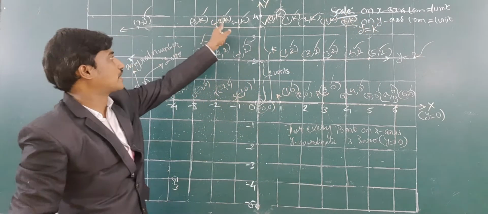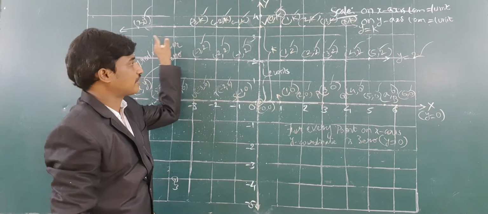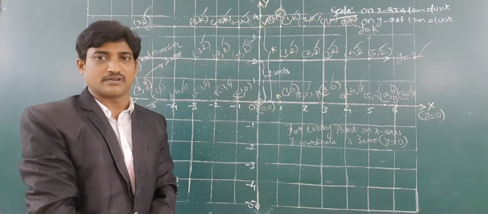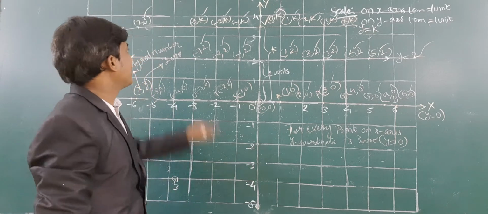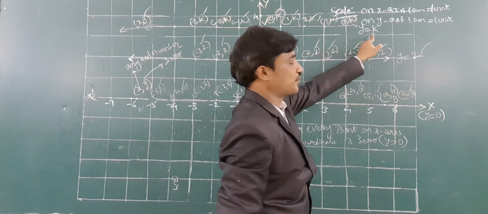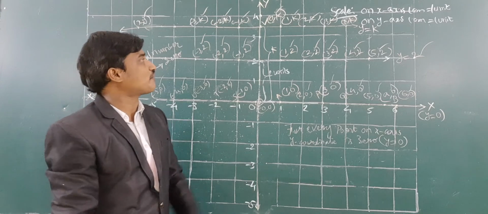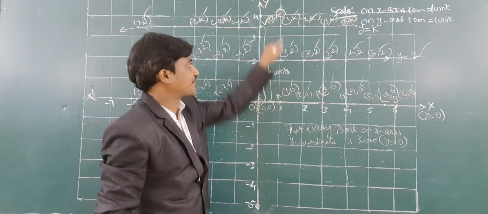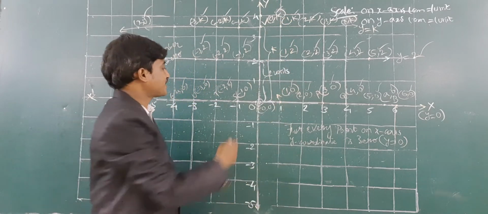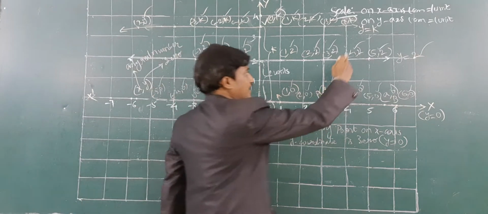This y = k, the y-coordinate is k, is the rule for every point on this line, so we can write the equation of this line as y = k. The equation of a line parallel to the x-axis, which is at a distance of k units from the x-axis, is y = k.